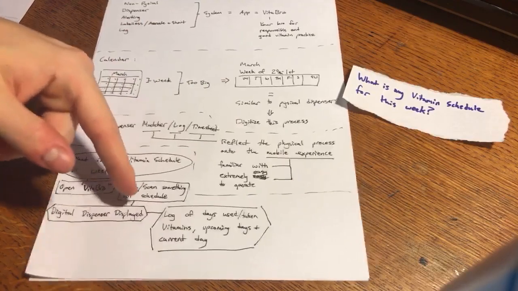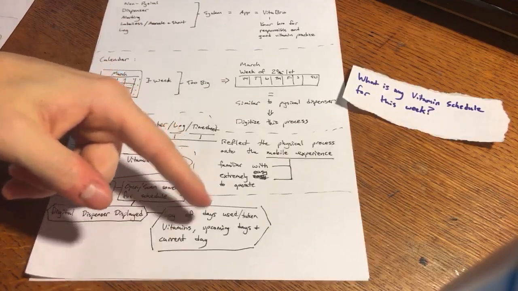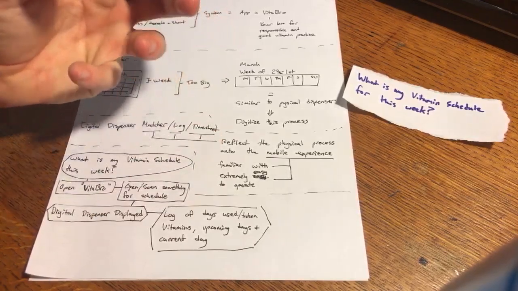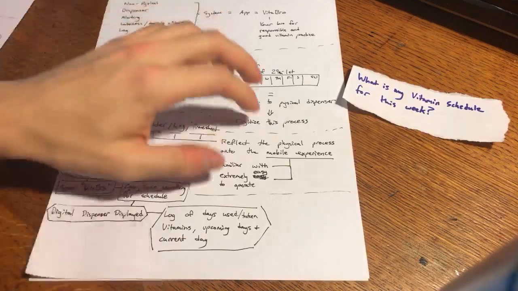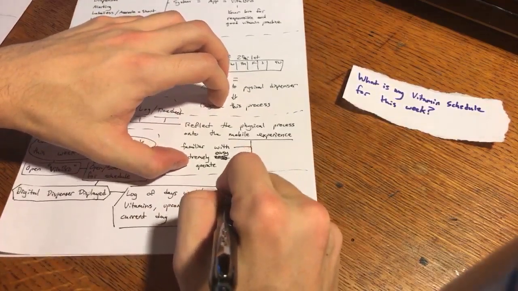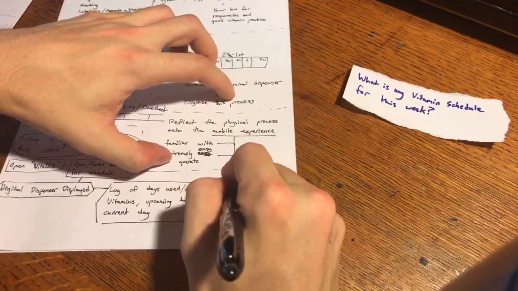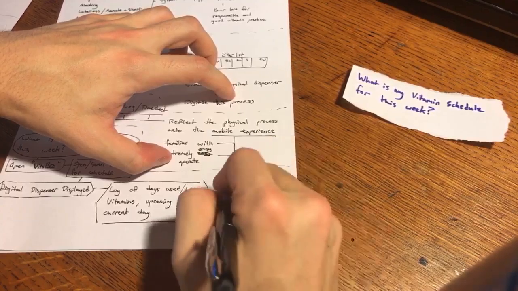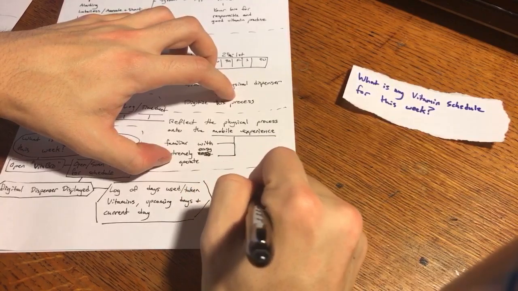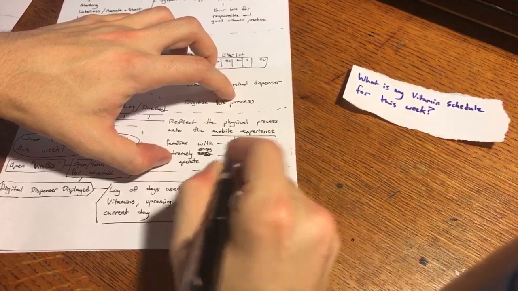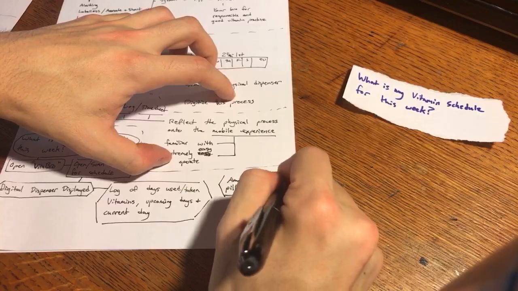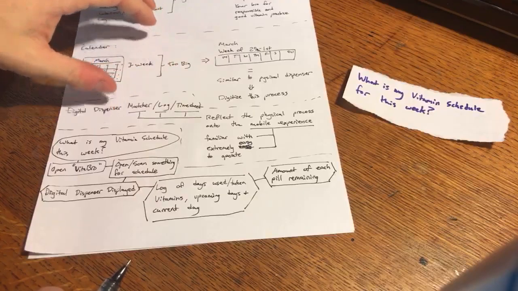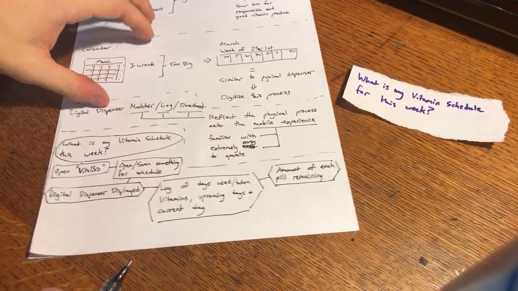But I think I'm getting a little confused myself about what I'm trying to solve here. This question of what is my vitamin schedule for this week, it is in front of you physically, but because of errors in taking medication, this question kind of broadens out, and I want to solve maybe for a more specific solution. So obviously you ask your question, you open your VitaBro, you scan something, probably this vitamin block. Your digital dispenser to be displayed in the log of days used, taken vitamins, upcoming days. The current day will be displayed. But I want to do something more. So as well as this, you'll have amount of each pill remaining, displayed digitally. And then we'll also have some sort of notification system built in.